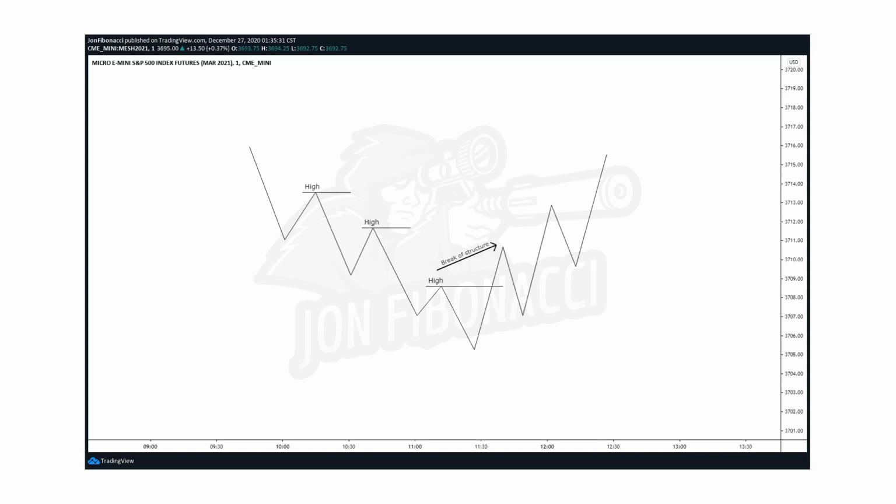So now, instead of a lower high, you have a higher high. When you have candles that start closing above the previous high, that to me would be a break of structure, and that is important.